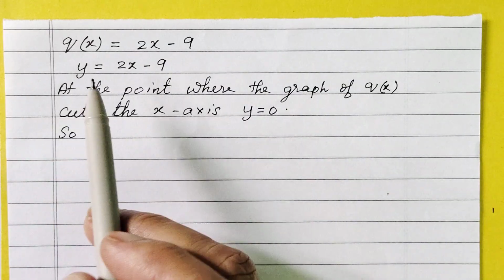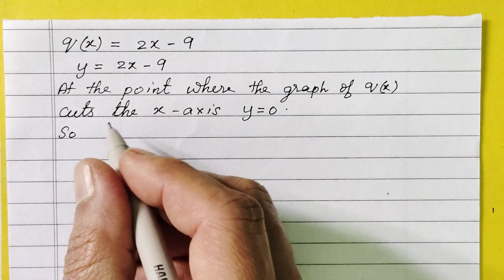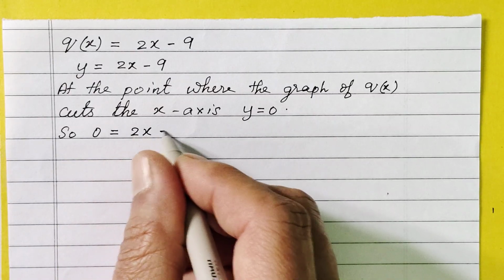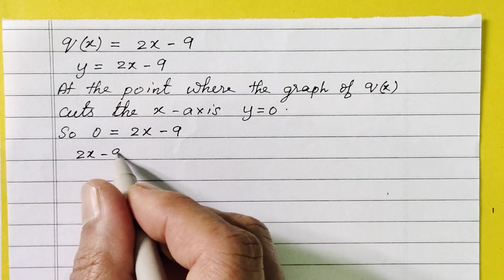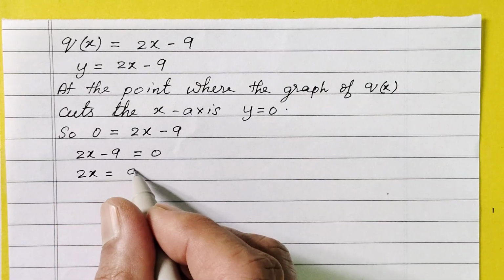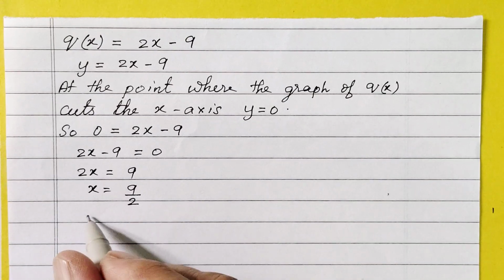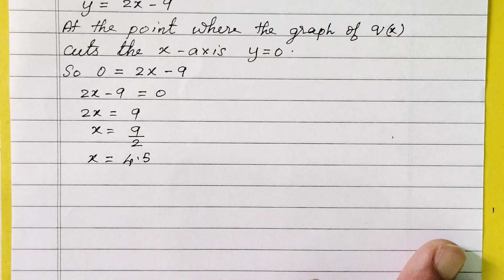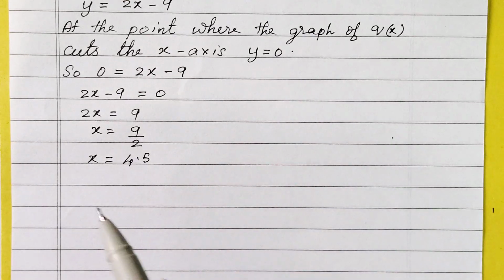So I will put the value of y to be 0 and calculate the value of x. So 0 will be equal to 2x minus 9. So 2x minus 9 is equal to 0. 2x equal to 9. x is equal to 9 by 2. So x is equal to 4.5. So we have found the x coordinate, that is 4.5, and the y coordinate is 0.